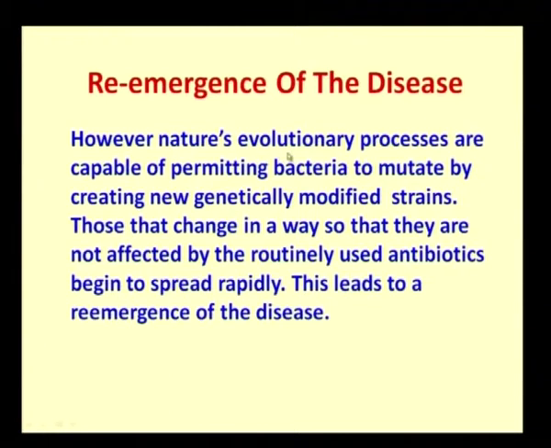However, nature's evolutionary processes are capable of permitting bacteria to mutate by creating new genetically modified strains. Those that change in a way so that they are not affected by the routinely used antibiotics begin to spread rapidly. This leads to re-emergence of the diseases.